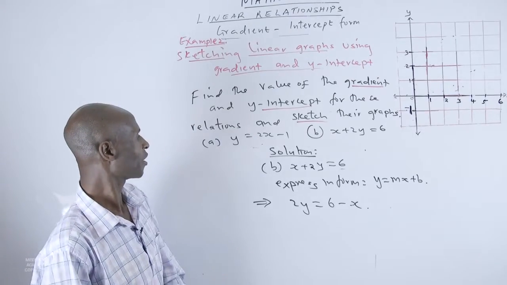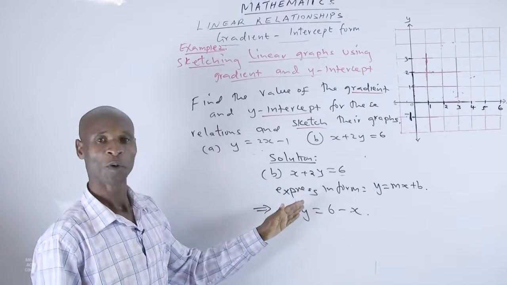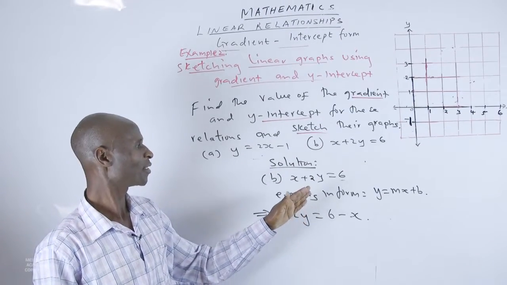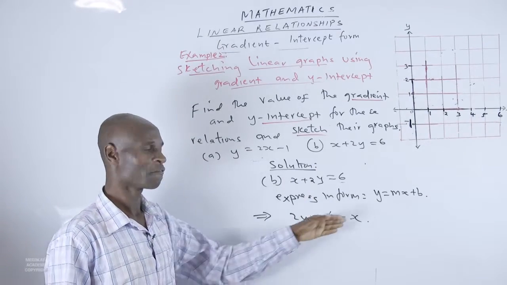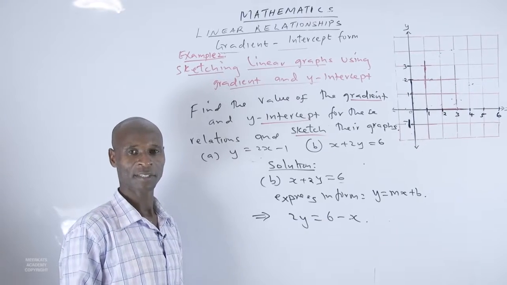Okay, now in part B, we want to express the equation x plus 2y is equal to 6 in the form y is equal to mx plus b.